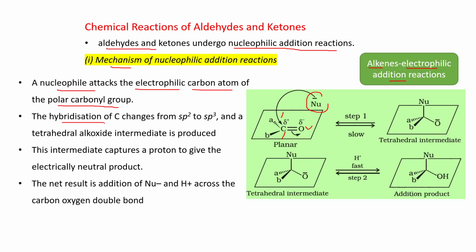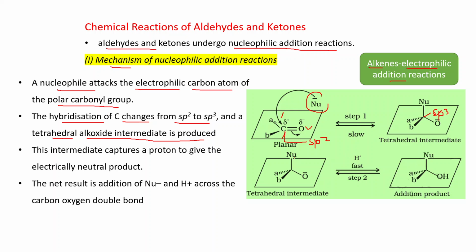The hybridization of carbon changes from sp2 to sp3 and a tetrahedral alkoxide intermediate is produced. This carbon is sp2 hybridized, and when a nucleophile attacks, it converts into this tetrahedral intermediate, and this carbon becomes sp3 hybridized.